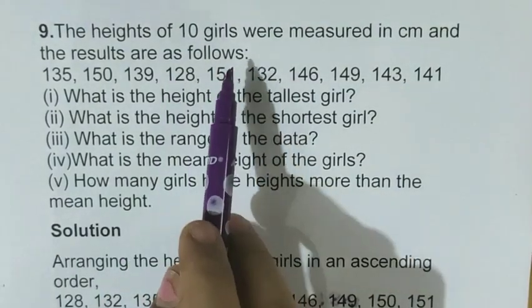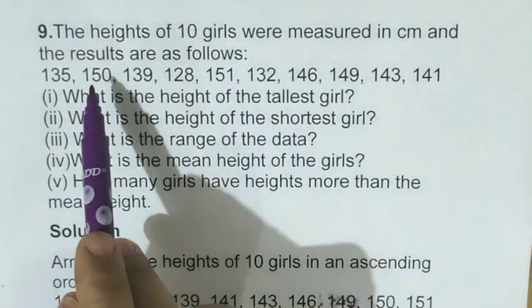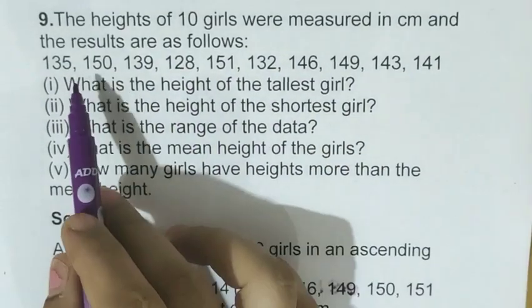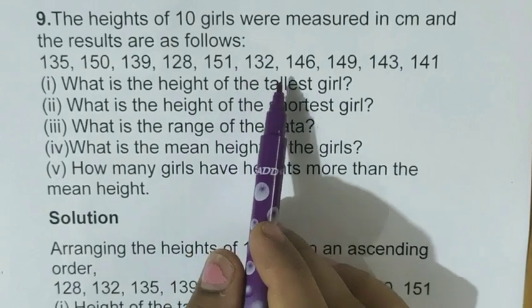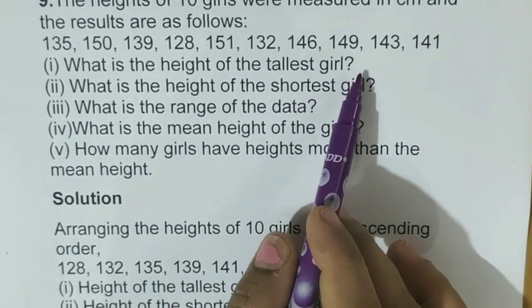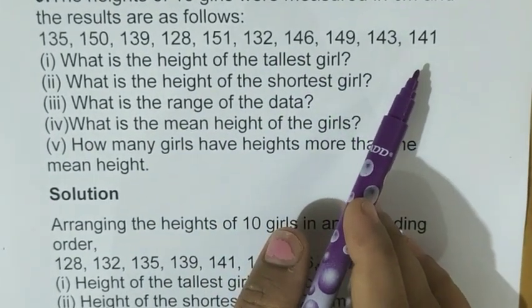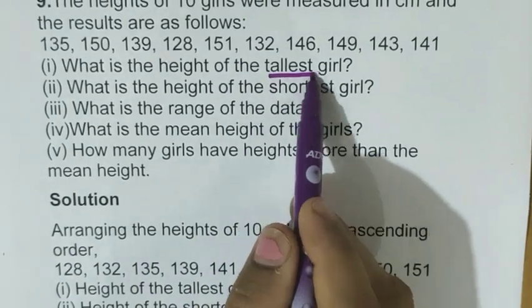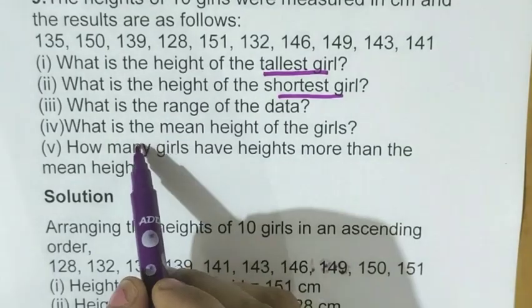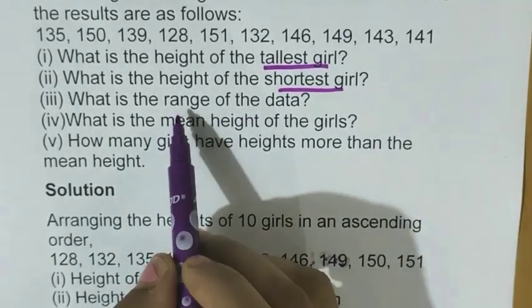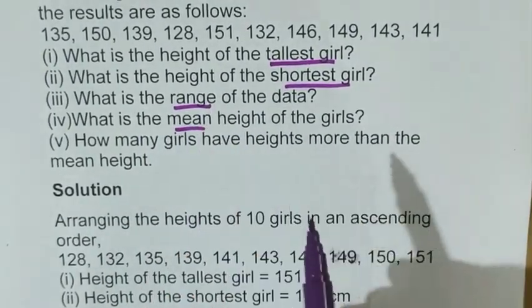The height of 10 girls were measured in centimeter and the results are as follows. 135, 150, 139, 128, 151, 132, 146, 149, 143 and 141. Who is the tallest girl and who is the shortest girl? What is the height they are asking, and what is the range? What is the mean?